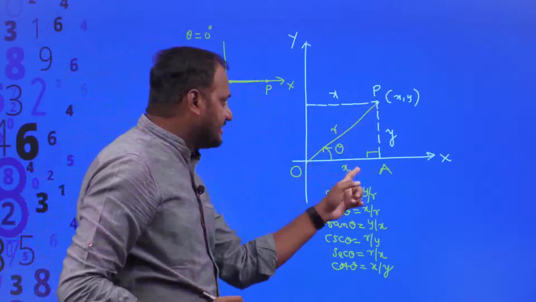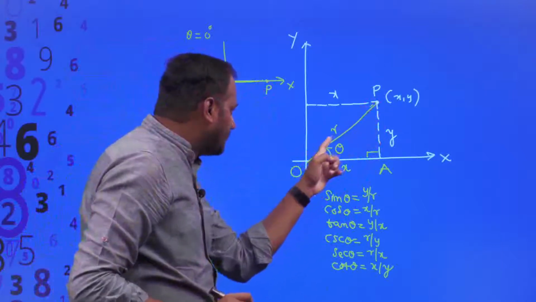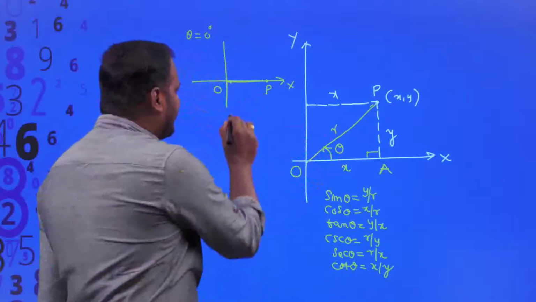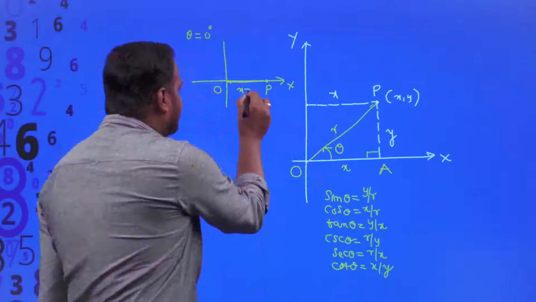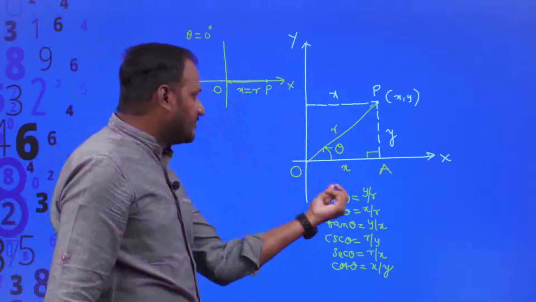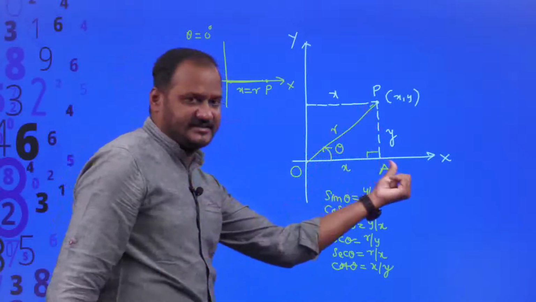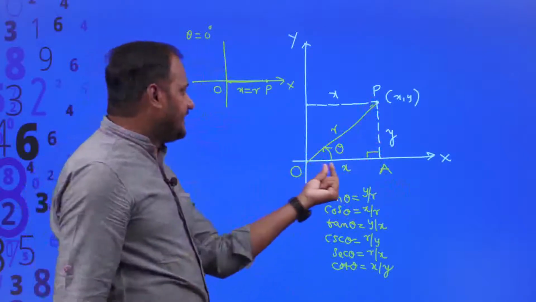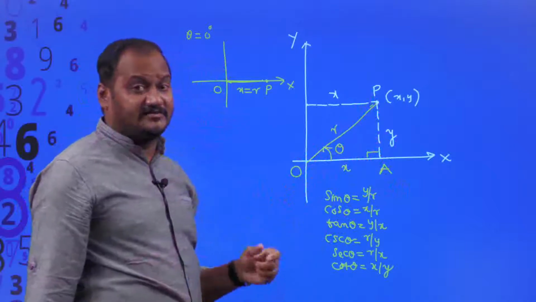OP lying on the x-axis means the value of OP, which is equal to r, should be on the x-axis. Then in this case, the value of x and r are both equal, because OA is equal to x and OP is also lying on the x-axis, so that P and A coincide with each other. Got it? So then the value of x and the value of r are both equal.